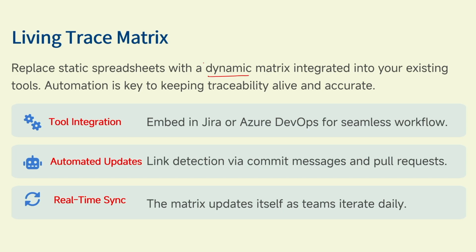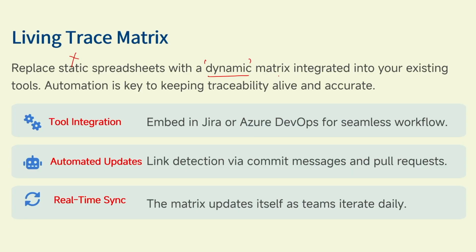Our idea is to avoid static spreadsheets, static Excel sheets, and go forward with a dynamic matrix which is integrated with some available tools, so that if there is any change, the traceability will stay alive and accurate, and it makes sure everything is intact.